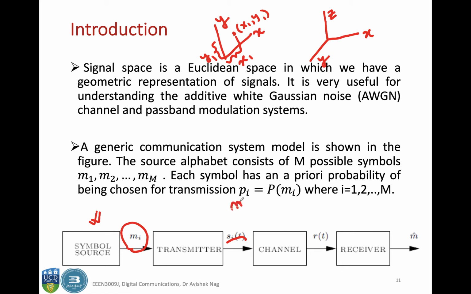For each mi, there is a mapping to si(t). Whatever the symbol mi, it is mapped to a distinct time domain signal si(t), and that signal is transmitted through the channel, and then at the receiver you decode it to get back an estimate of what has been sent. This is how digital communication systems work.